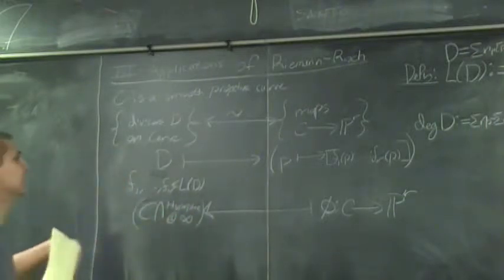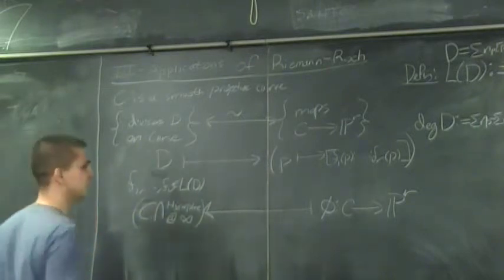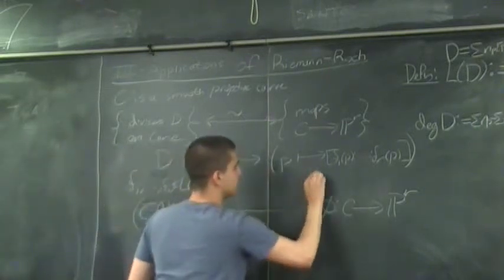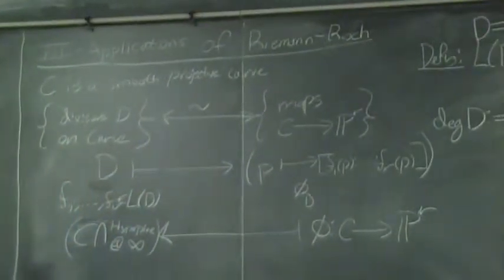It gives us a divisor, and it turns out that these two things are actually usually inverse to each other. And we'll denote this map by phi sub D for the rest of today.